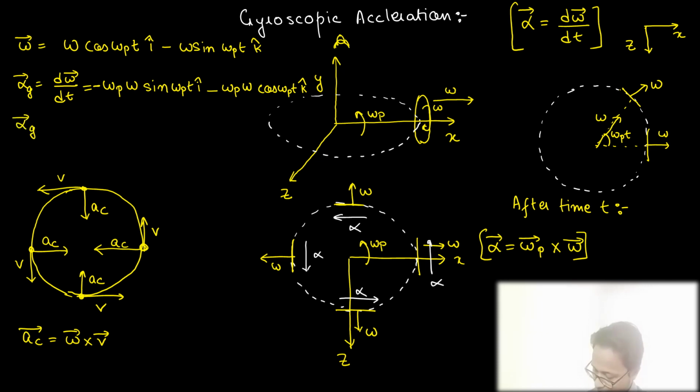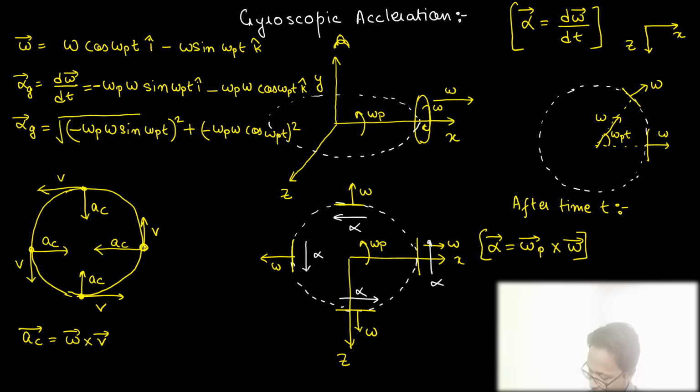Ag. The magnitude of gyroscopic acceleration is nothing but the square root of x squared plus y squared plus z squared. So sin omega pt whole squared plus minus omega p cos omega pt whole squared, under root.